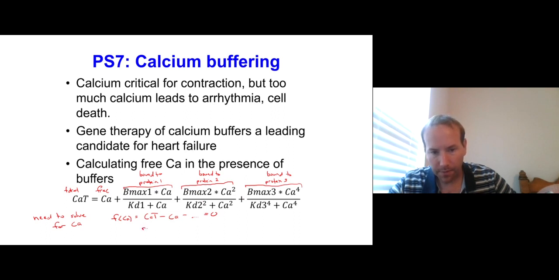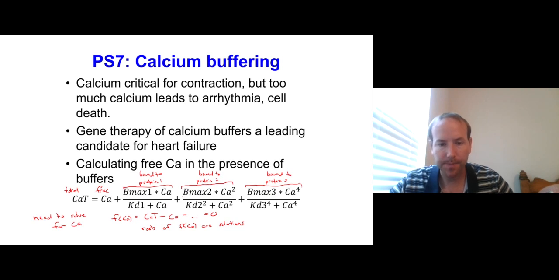The roots of F of calcium are solutions, which would tell us what the free calcium is when part of it has bound to these buffers. You're going to get into that on the problem set. Now let's dive into root finding and look at how we would actually calculate the roots of an equation.